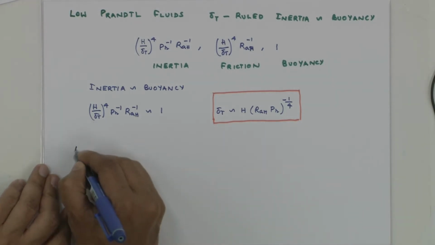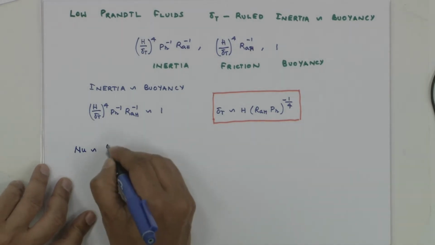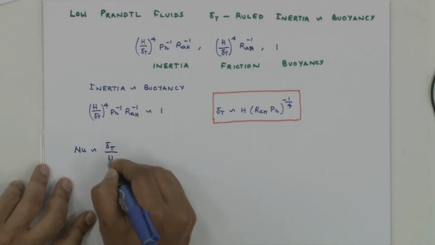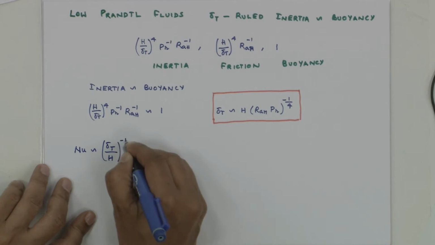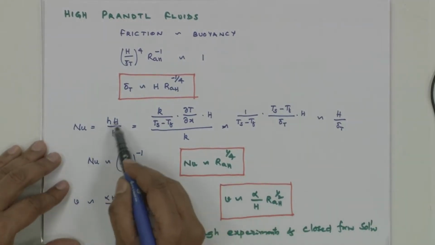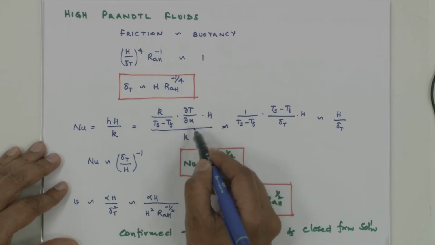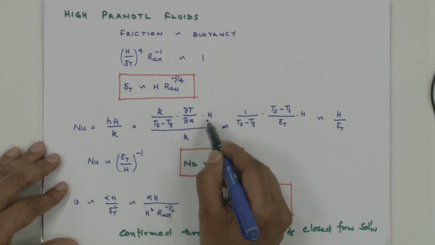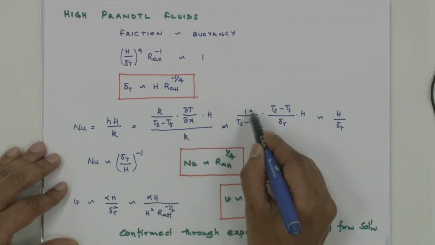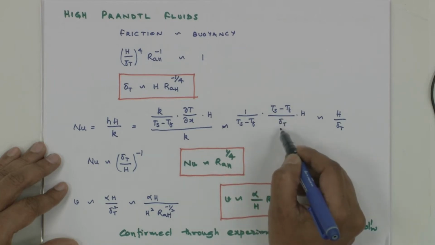So, Nusselt number, I do not have to derive again; we have found just now that delta t by h to the power of minus 1. If you recall, what I had written here is h by k, k by ts minus t infinity or tf into delta t by del x, del t by del x into h by k is of the order of 1 by ts minus tf into ts minus tf upon delta t is the scale h.